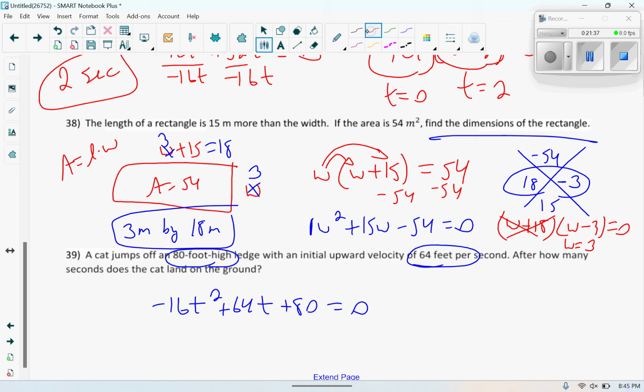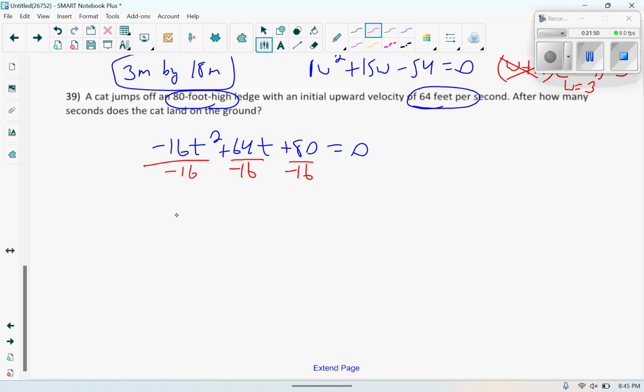Okay, so we are going to take out a negative. Now let's see what GCF these all have. 16. So if we take out a negative 16, and really I can just do it to everything and just kind of forget about it, because there's no variable there.